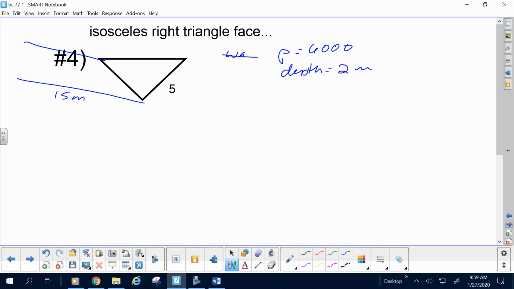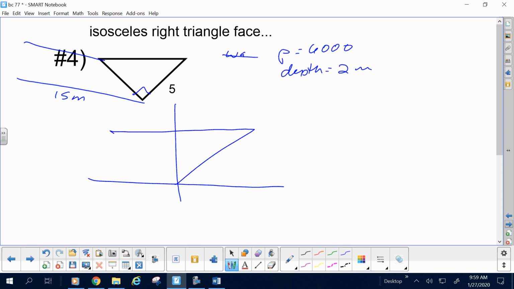The face is an isosceles right triangle. So he throws some geometry at you with an edge of 5. It's a triple, right? We'll get to that. So let's put the origin at the bottom, shall we? If it's isosceles right, then this is the right angle.